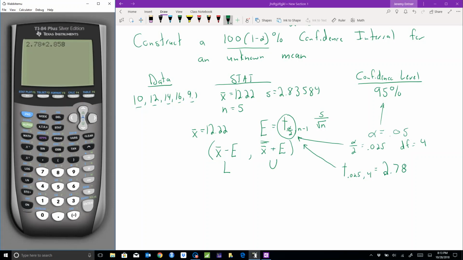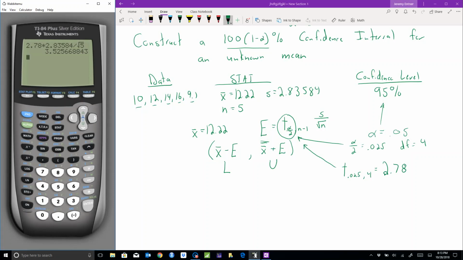And the calculator's not playing with me too well right now. Then I'm going to divide by the square root of my sample size, which in this case is 5. And I will find out that my margin of error there is 3.525.